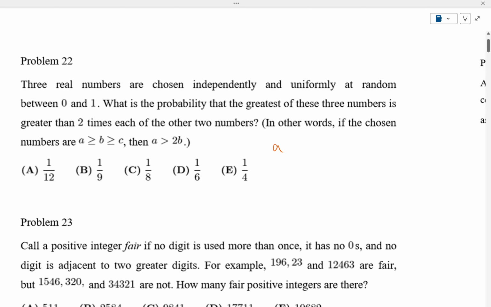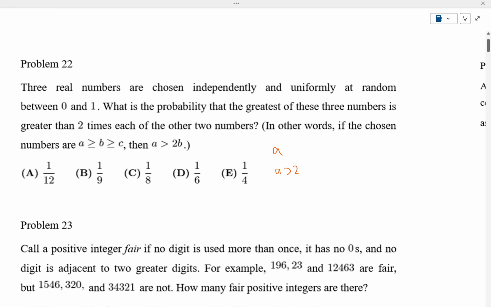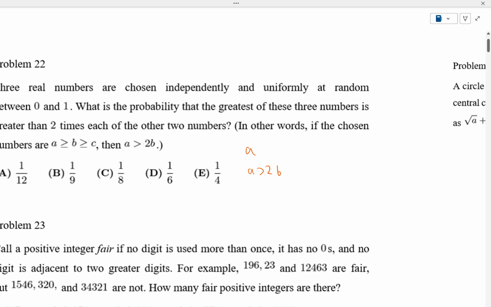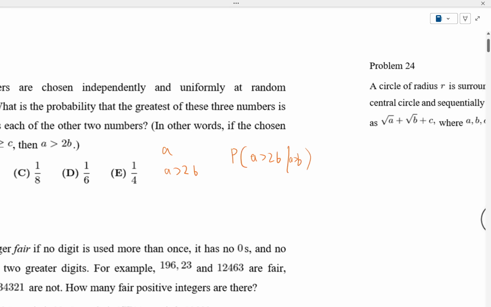So that means a must be greater than 2b. Given that b is less than a, the probability that a is greater than 2b, given that a is greater than b, is just equal to 1/2, right?